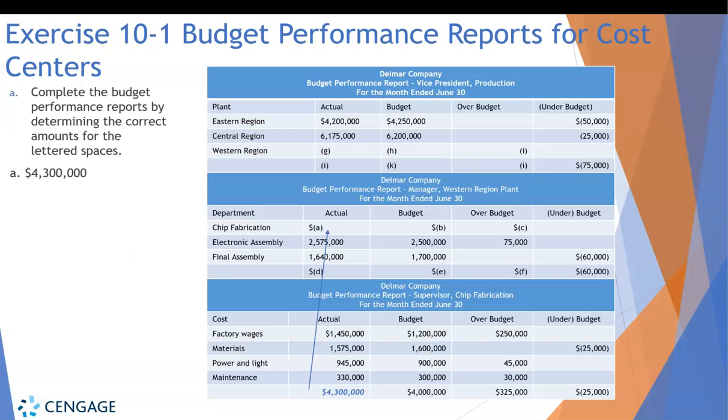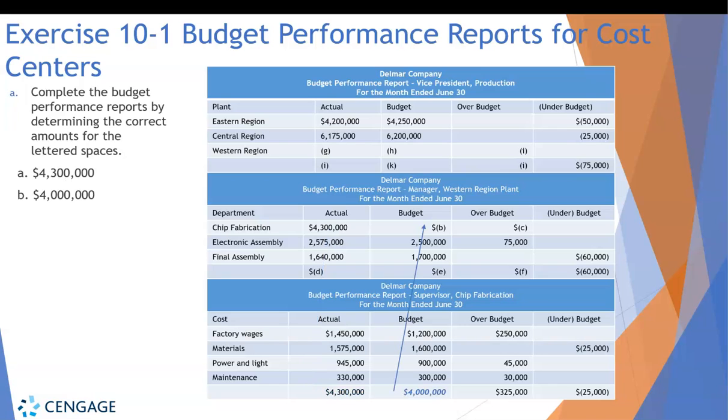So first of all, the budget performance report for A, for the chip fabrication, that figure there for the month ending June is going to be $4,300,000.